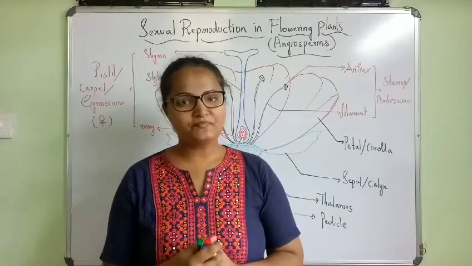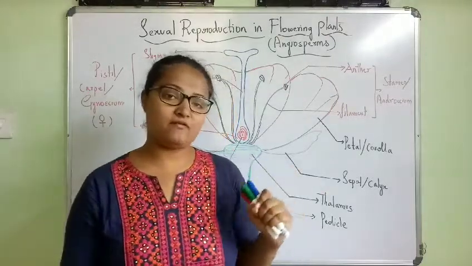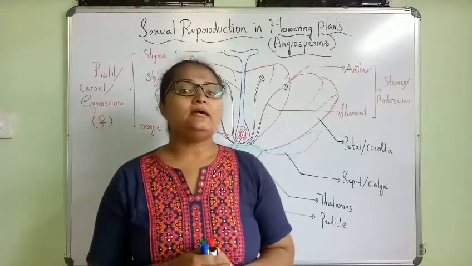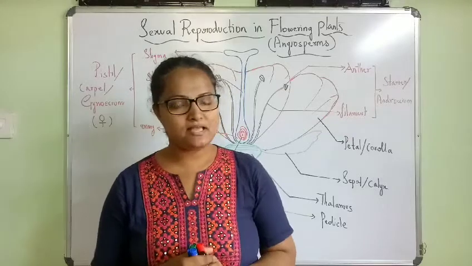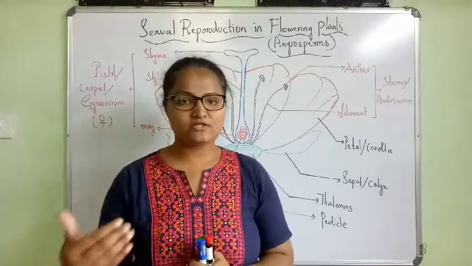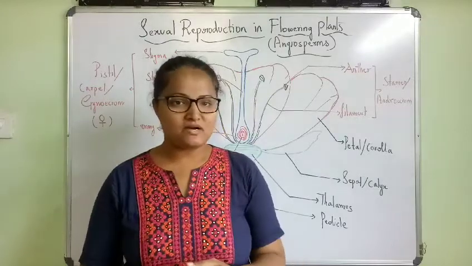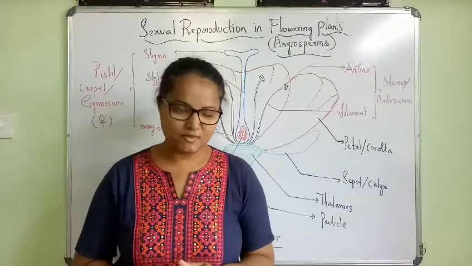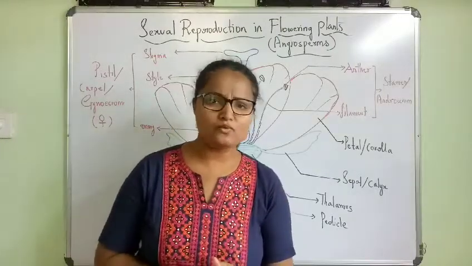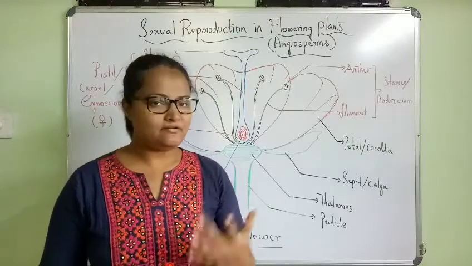In the same way, in this chapter we are studying sexual reproduction in flowering plants under the headings pre-fertilization, fertilization, and post-fertilization. Before starting pre-fertilization, we'll understand the structure of a flower. We already know the structure of a typical flower, though we will revise it once.